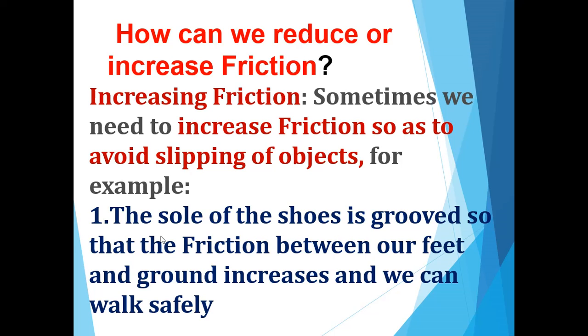So why is it grooved? Because it allows the increase of friction between our feet and the ground. Okay, so if the sole of the shoes is grooved, it can increase the friction between our feet and the ground, so we can walk safely. There will not be slipping.